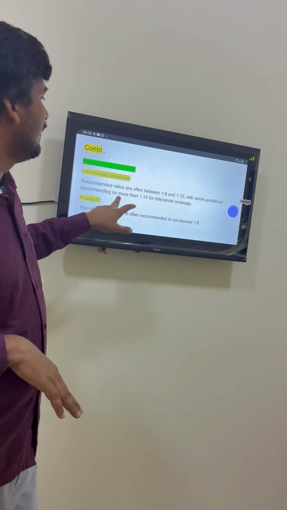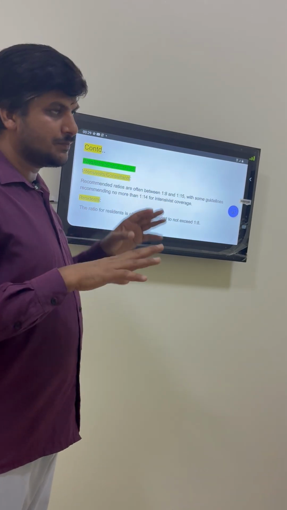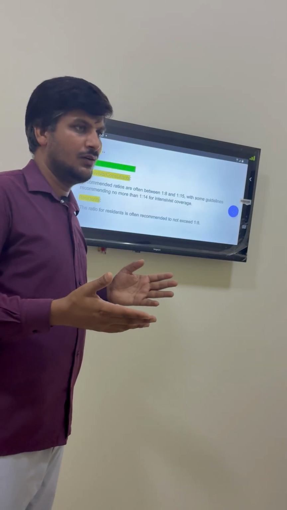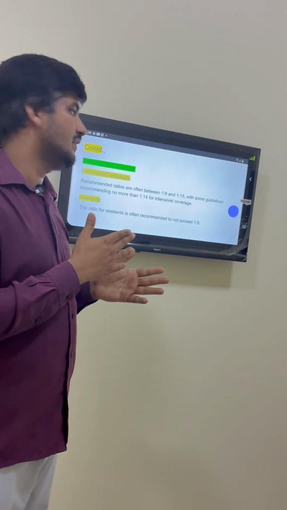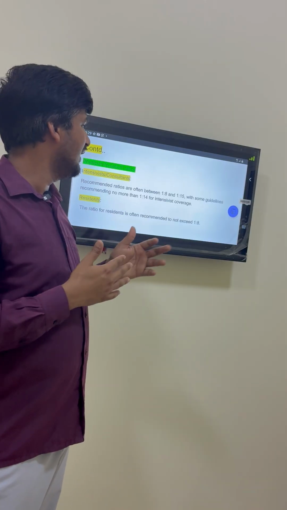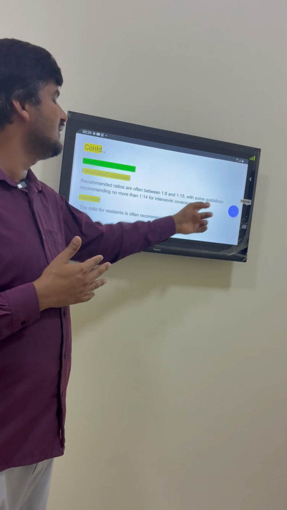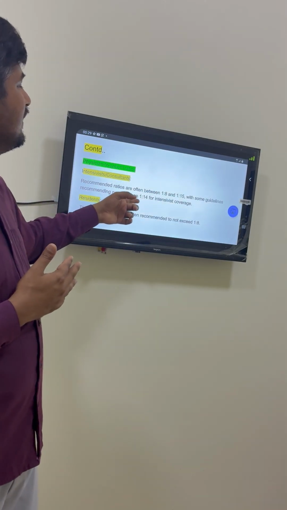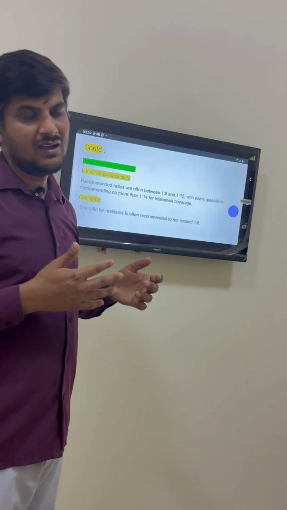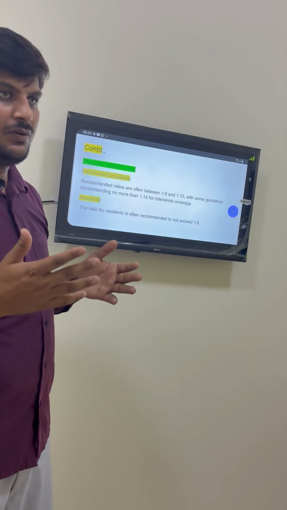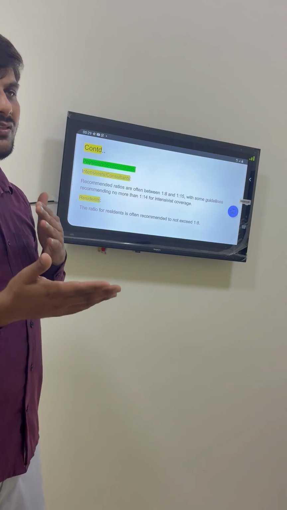And then usually some guidelines recommend no more than 1:14 for intensive coverage. Some guidelines say it is not good to keep one consultant for more than 14 patients.